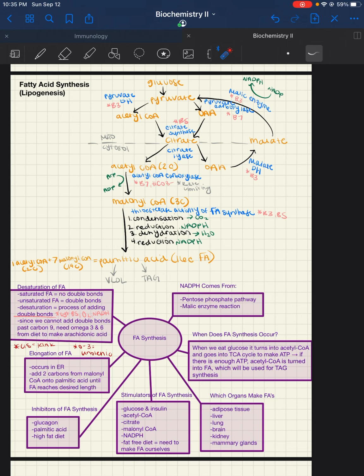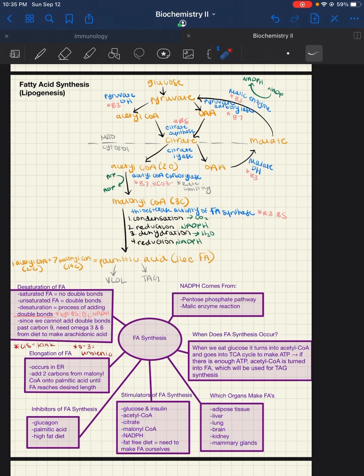Inhibitors of fatty acid synthesis are glucagon, because this is a synthesis pathway. Synthesis pathways occur when we're in the fed state. So glucagon's going to inhibit this pathway because that means we are in fasting or starvation. Palmitic acid will inhibit this pathway because that's the product.